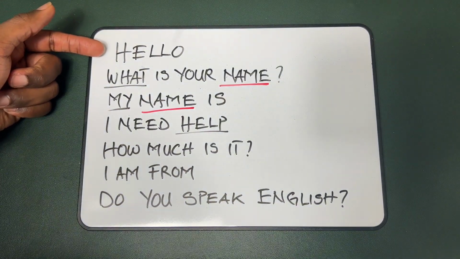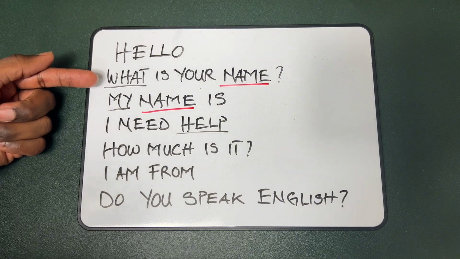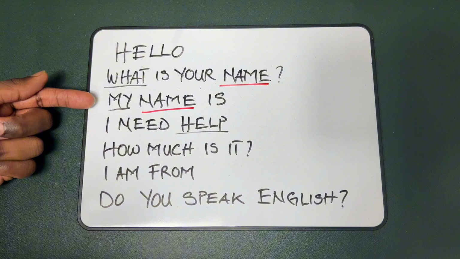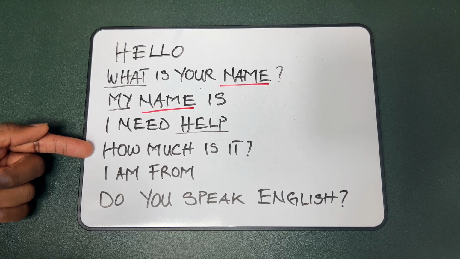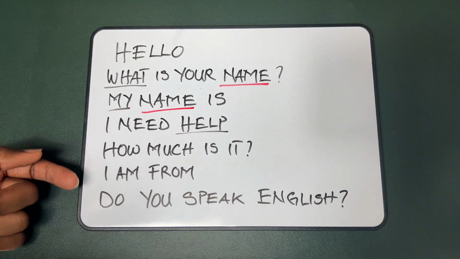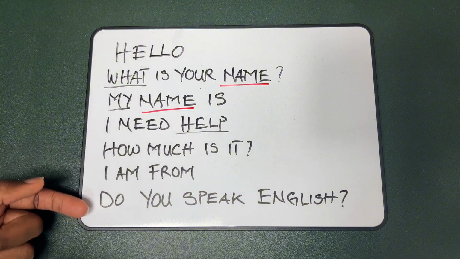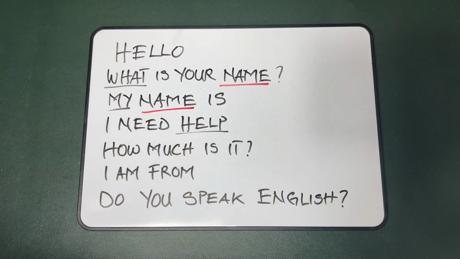Yoruba is báwo ni. What is your name? Kí ni orúkọ ẹ? My name is. Orúkọ mi ni. I need help. Mo fẹ́ ìrànlọ́wọ́. How much is it? Èló ni. I am from. Ni mo ti wá. Do you speak English? Ṣé ẹ̀ ń sọ èdè ìlú ọba?